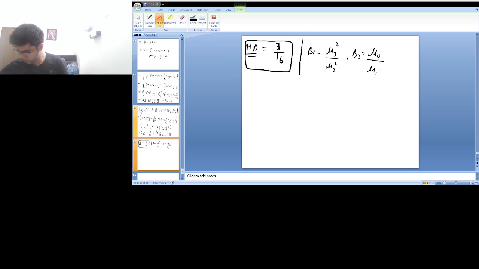Yes, so my beta 1 is mu 3 square upon mu 2 cube, and beta 2 is mu 4 upon mu 2 whole square. It's very big.